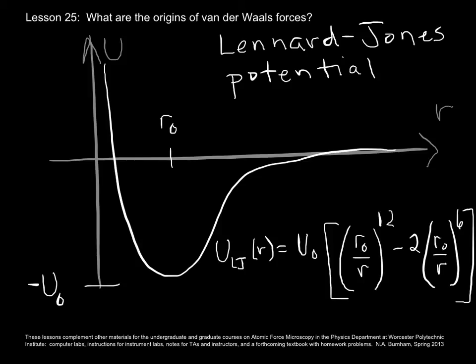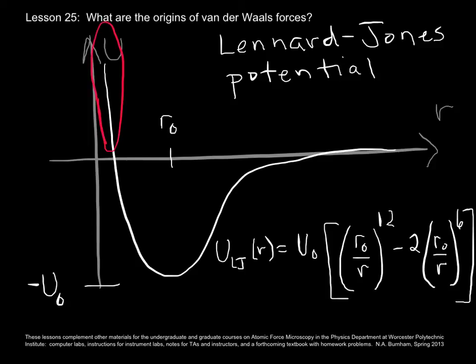Now, this inverse 6th power is what we've just been talking about, a dipole-dipole interaction. That inverse r to the 12th power is repulsion, where the electron clouds of the dipoles are starting to overlap. That's what's dominating up here.